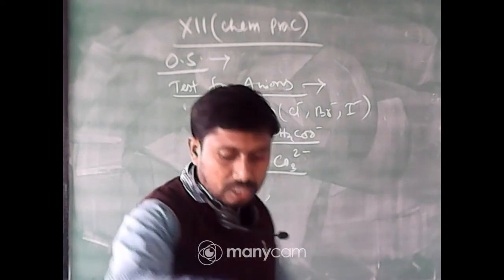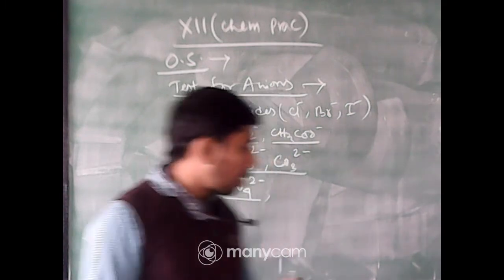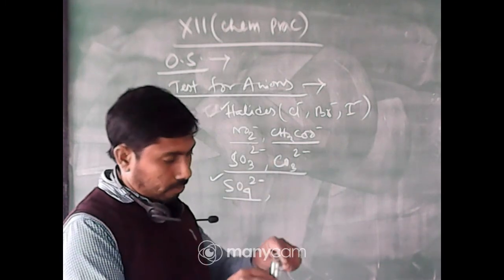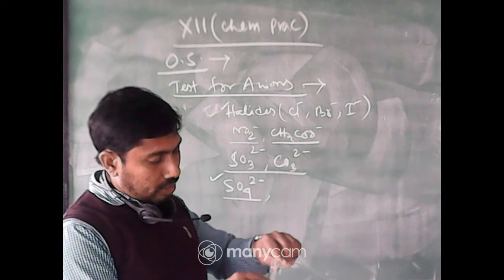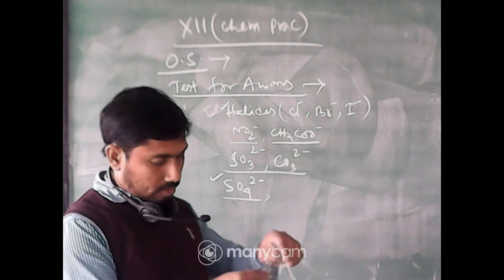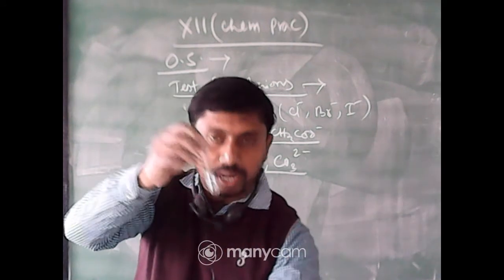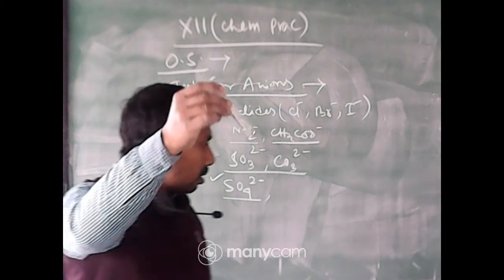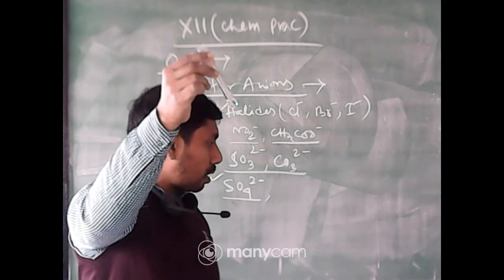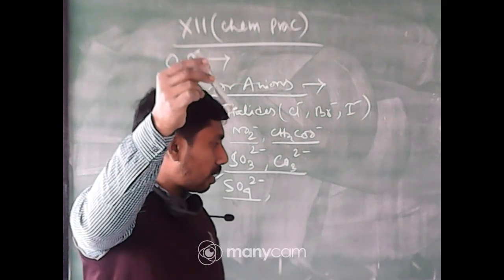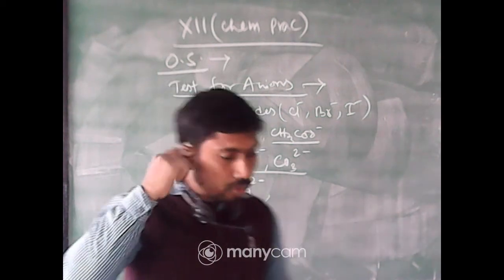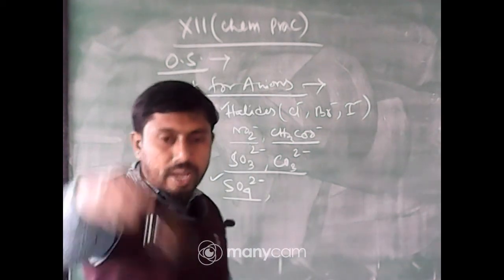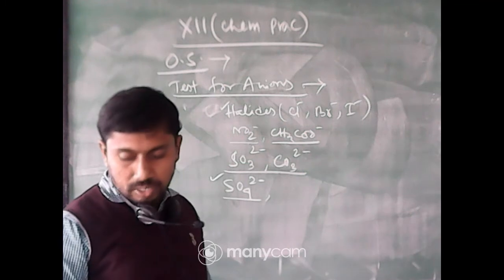From the original solution, any confusion? If any confusion, then tell me. Okay, let's see. A very little amount of solution is taken. Now you know very well what we have to add, that is silver nitrate solution.